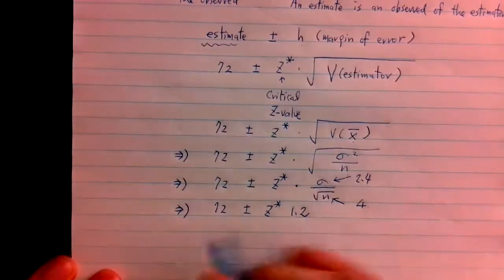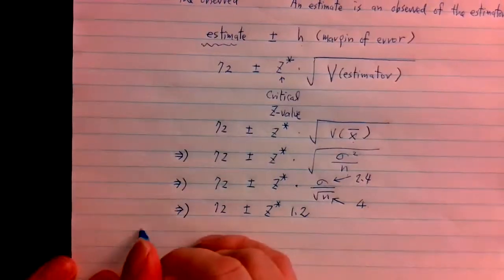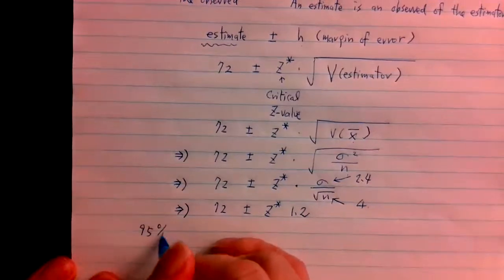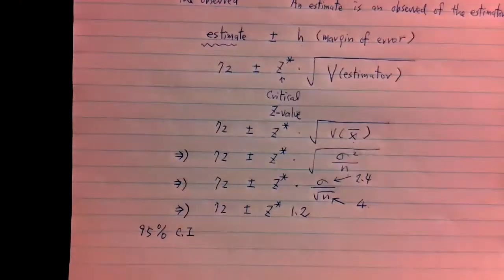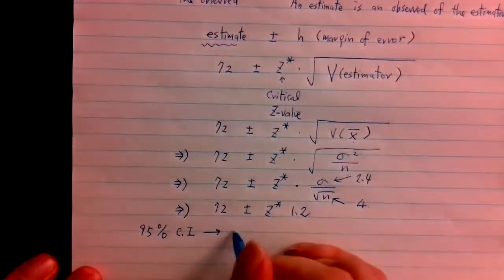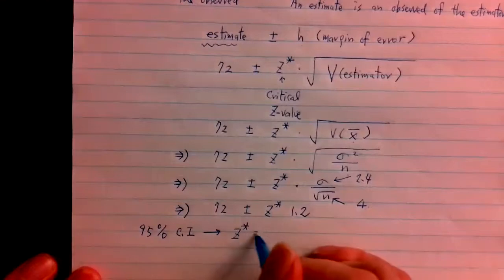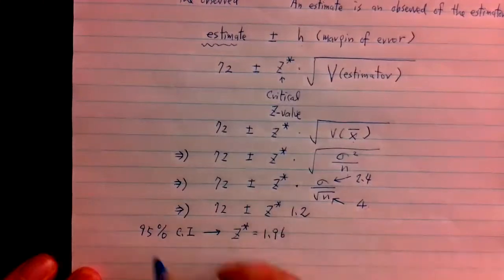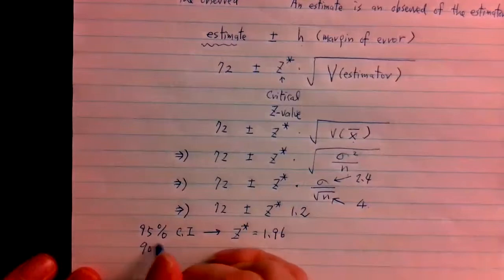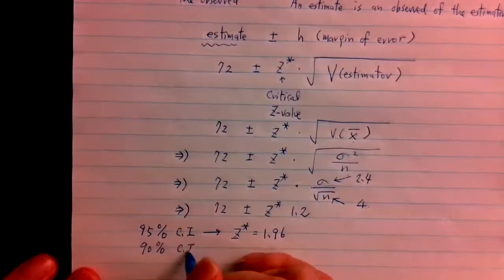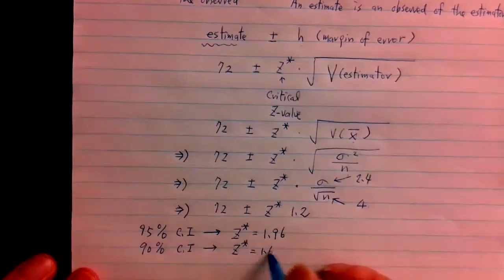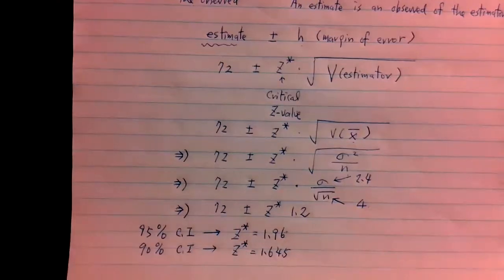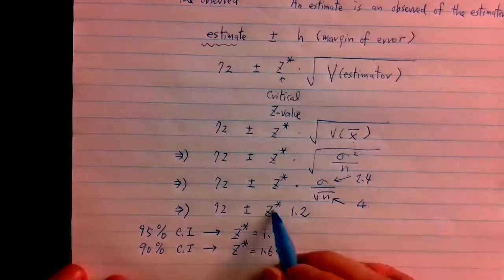And from my video, if we're looking for a 95% confidence interval, the corresponding Z star should be 1.96. Also, if we're looking for a 90% confidence interval, the corresponding Z star is 1.645. Why we get this number, please go back and read my YouTube video, okay? So we just plug in this number.